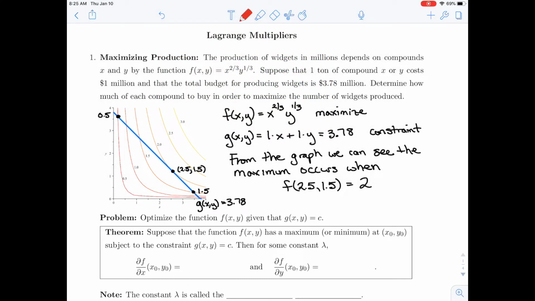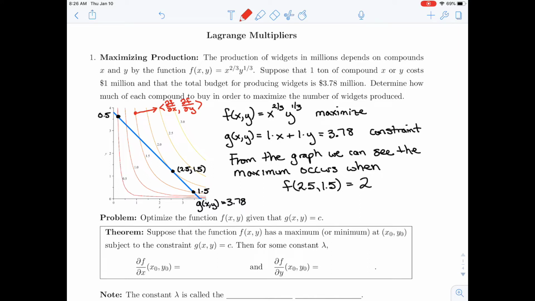Something that you should be aware of is that when you take the derivative of f with respect to x and the derivative of f with respect to y, you can form a vector with those derivatives. So I can make a vector that points in that direction, and this would be the derivative of f with respect to x and the derivative of f with respect to y. And that vector will always be perpendicular to level curves.